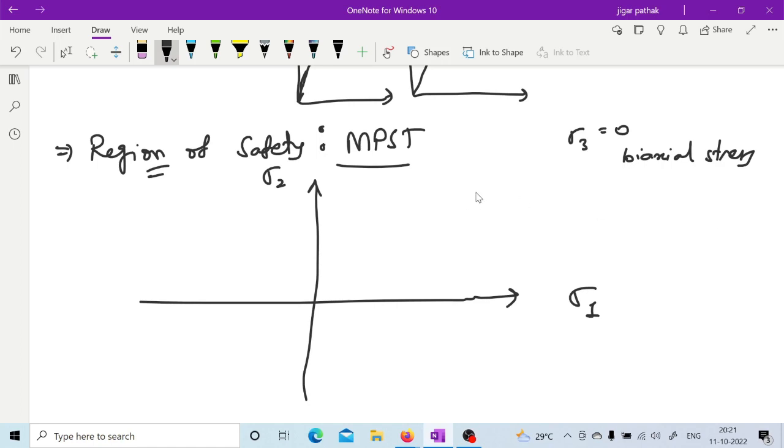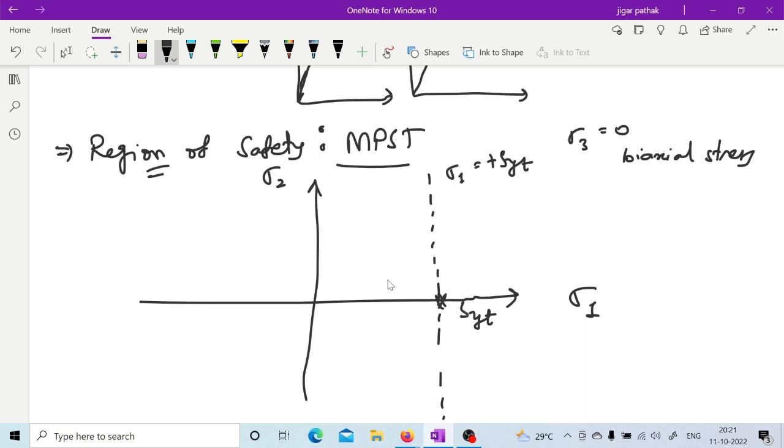So we can consider four different cases. In the first case, if sigma 1 is greater than sigma 2 and it is tensile, let us say this may be the SYT. There must be a line passing through this point. So sigma 1 is equal to plus S_yt, it is the limit for this component to fail.